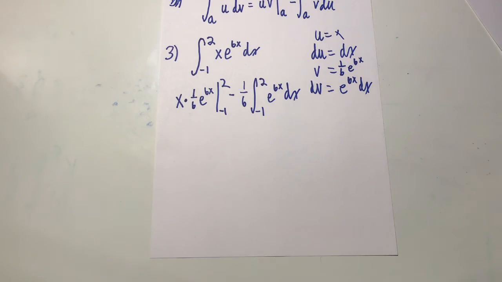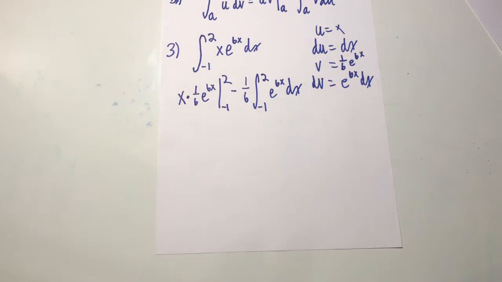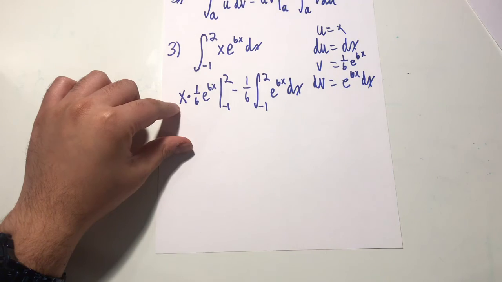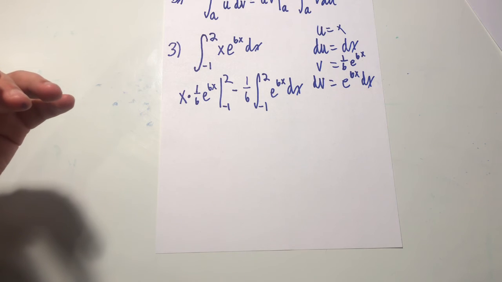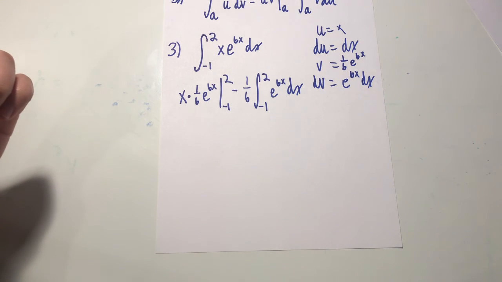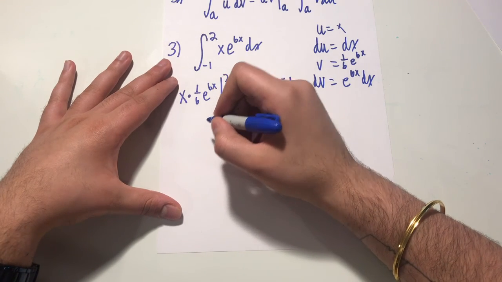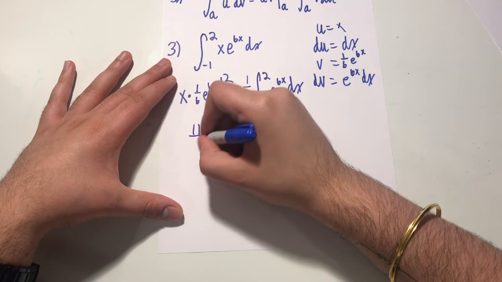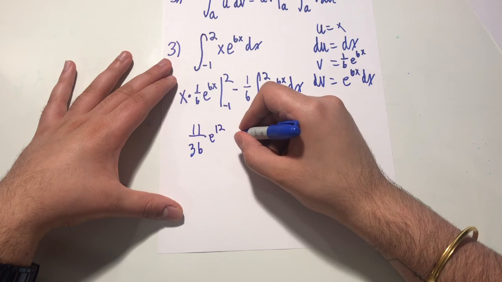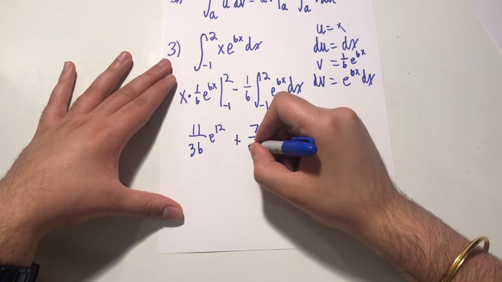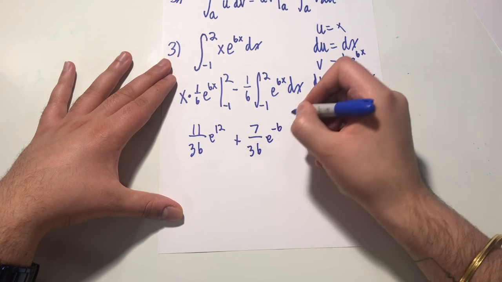Okay, so let's see this next bit. All right, so evaluating this part, fairly simple. You should know how to evaluate a definite integral. Substituting in 2 and evaluating, then substituting at -1 and subtracting those 2 quantities should get you 11 over 36 e to the 12th plus 7 over 36 e to the -6.